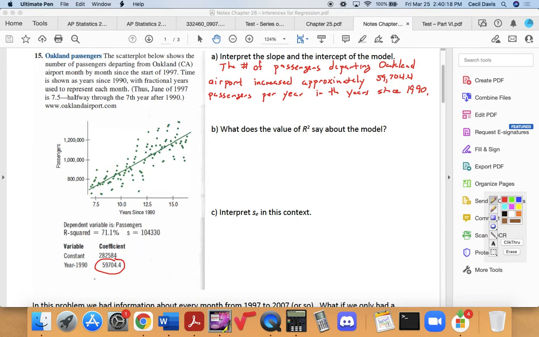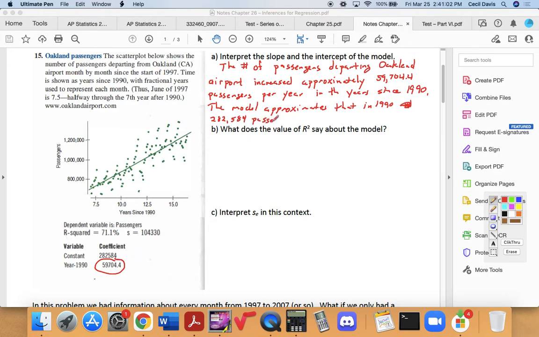Okay, what about the intercept? What would that tell you in this particular one? In 1990, how many passengers? So the model approximates that in 1990, it was 282,584 passengers.